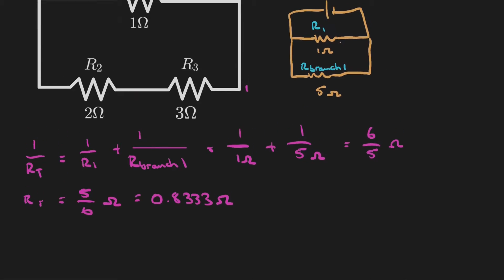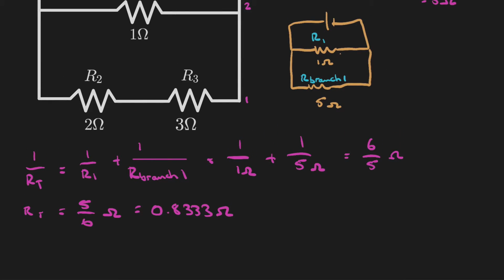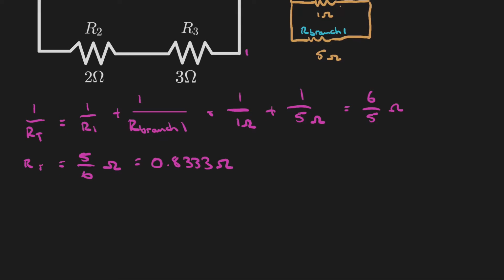So essentially what you've done now is shorten the circuit again. So you've just got that. It's a terrible drawing, but you've got 5 volts there and you've got 0.8333 ohms there. How easy is it to work out the overall current now? Well, again, we just apply Ohm's law.